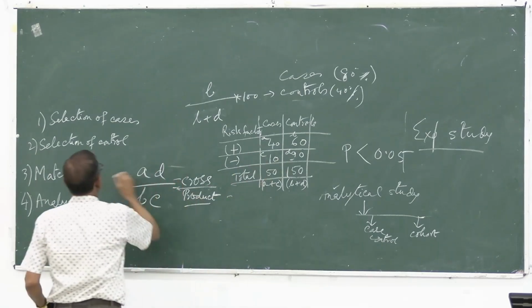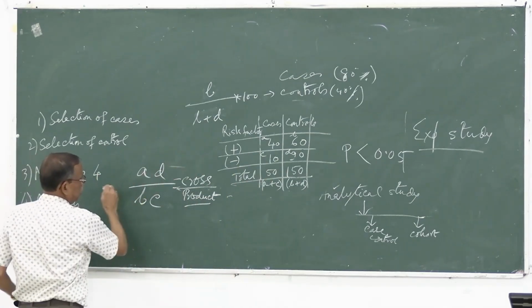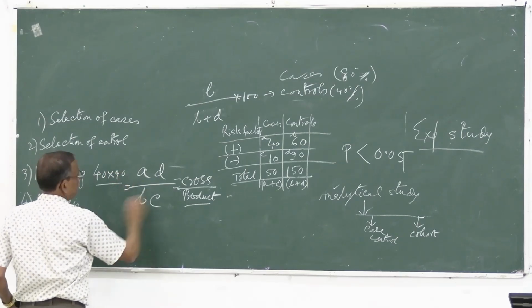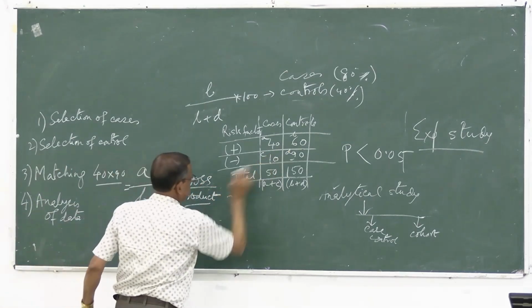AD, that means 40 into 90, BC 60 into 10.